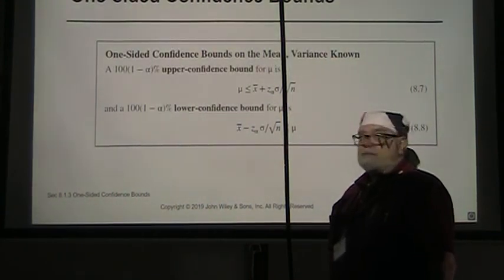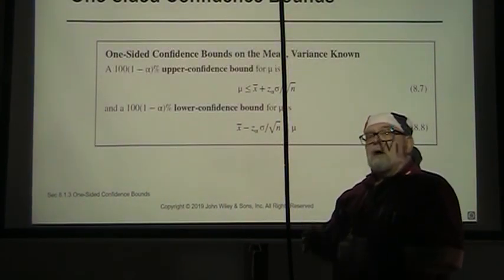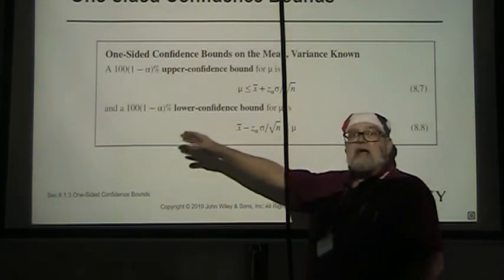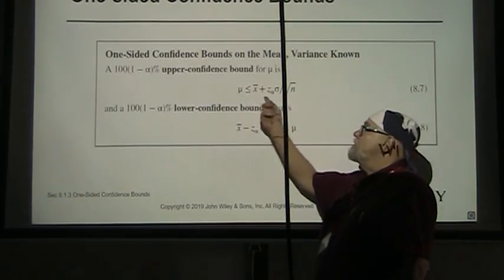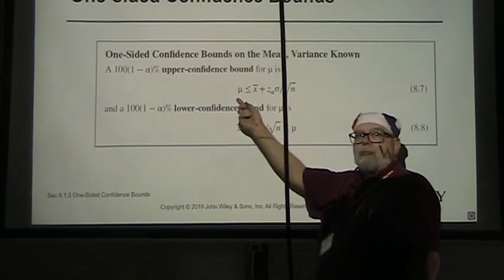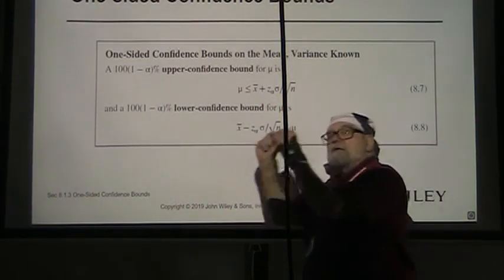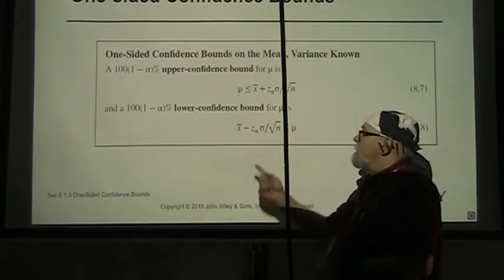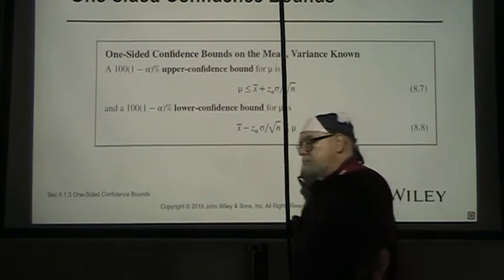So when we don't want our mean to exceed a certain amount, we use our upper confidence bound. When our mean has to be at least a certain amount, we use our lower confidence bound.